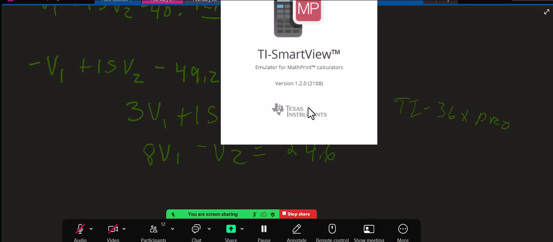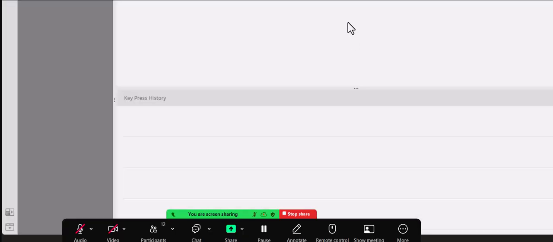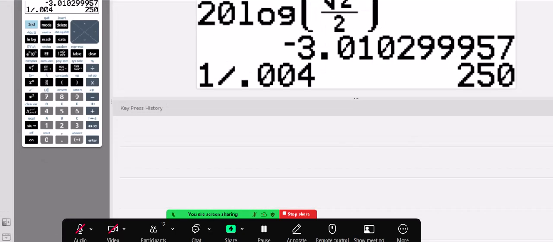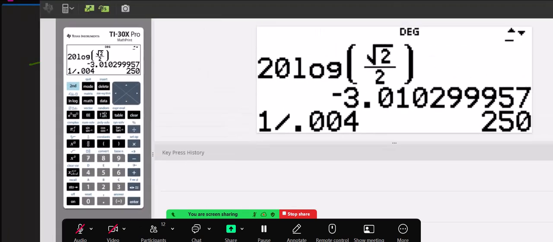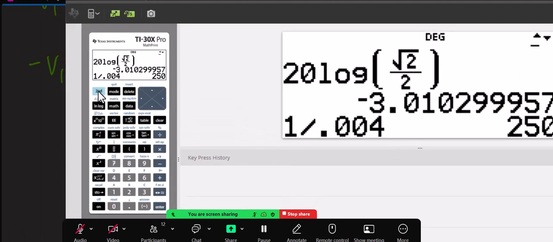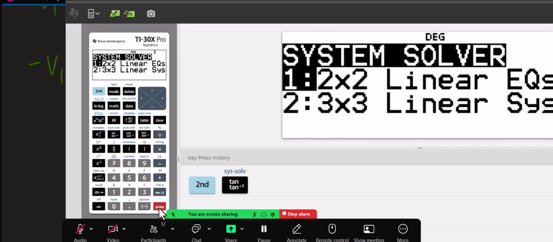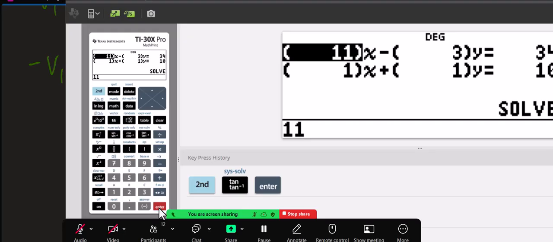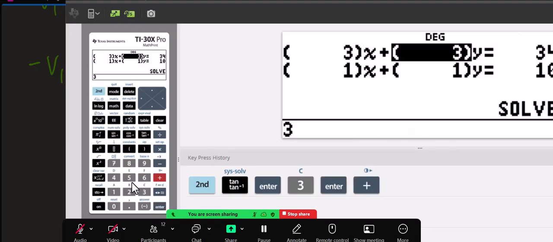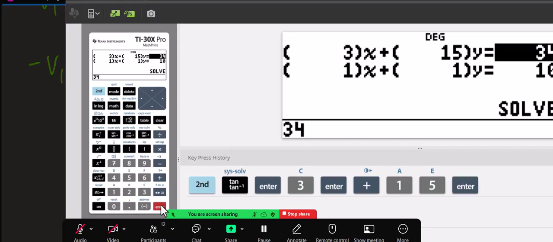I go to second and system solve 2 by 2, and I had 3, 15, equals 98.4.